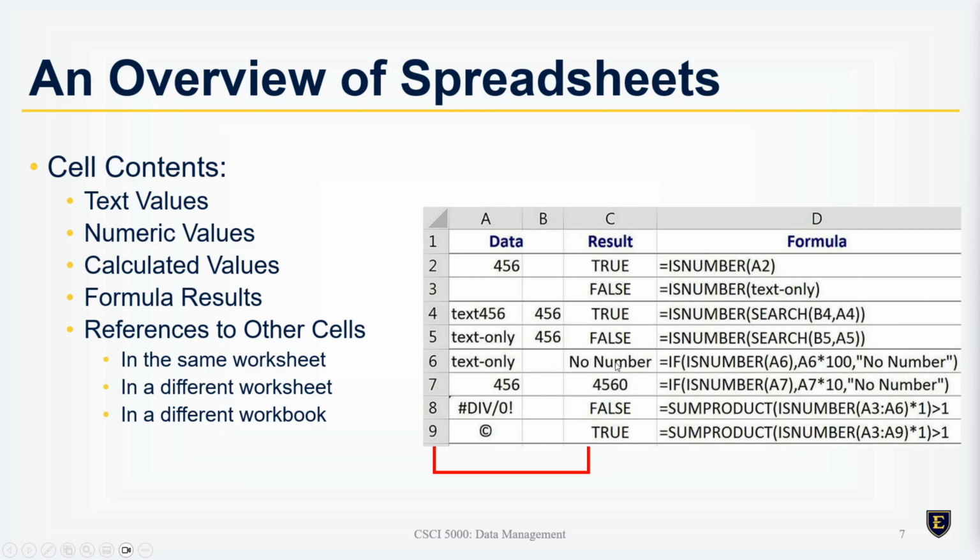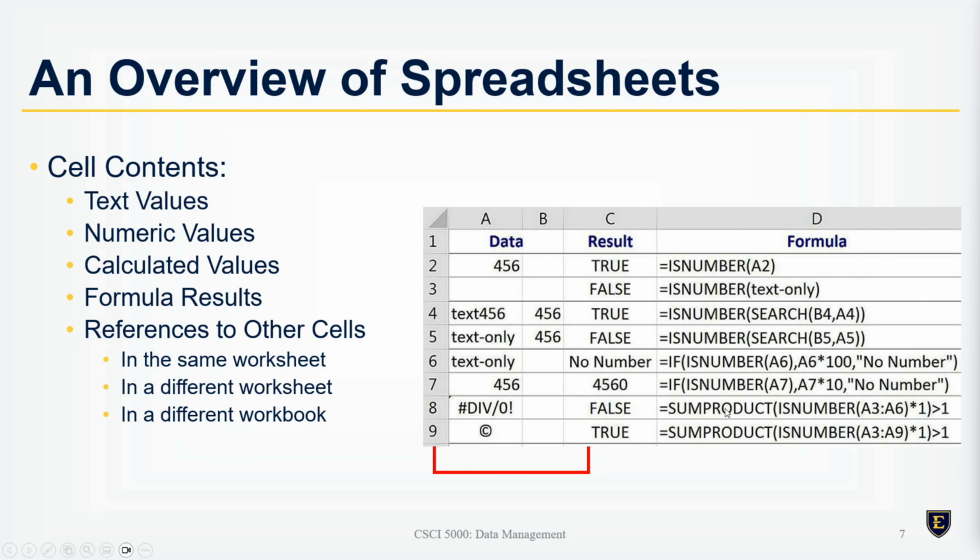So no number is the result here because A6 does not have a number in it. The other result here is if A7 is a number, which is true, then we want to multiply the value A7 by 10. So 456 times 10, and that's the value that we would display there. But if this contained a text value, we would simply display no number.